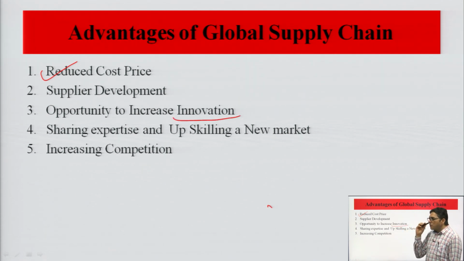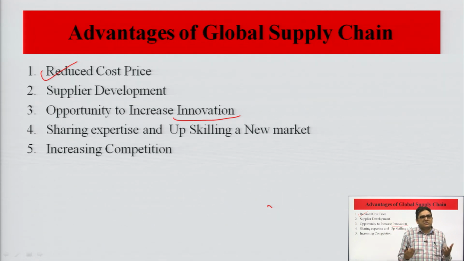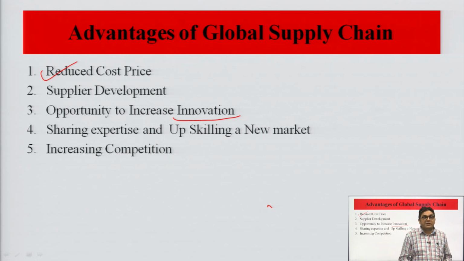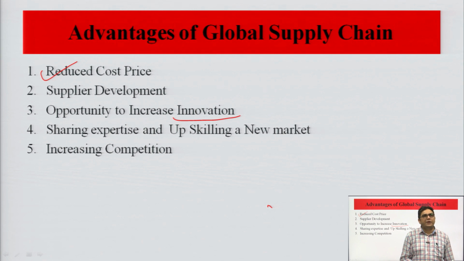So, this is ensuring that innovation will be done in India or anywhere the cost is low, and this innovation is being utilized across the world. Wherever the market, a new design of an automobile product came in, it is Zara, it is Marks and Spencer, it is H&M, any apparel retailing company, they are innovating the design and identifying where there is a possibility that they can sell their product.